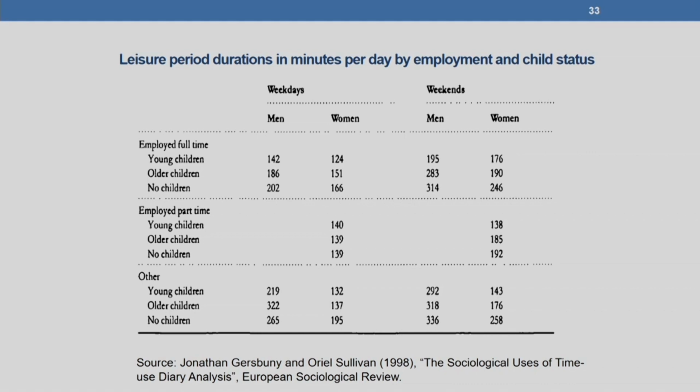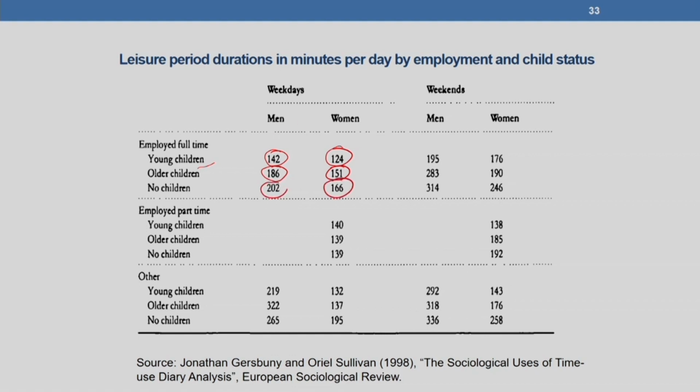For those employed full time, the leisure period duration for men with younger children is 142, 124; older children 186, 151; no children 202, 166.